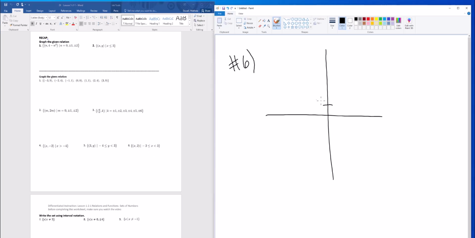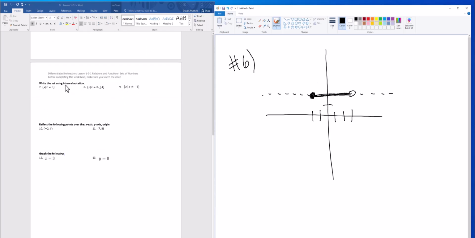So my y value is 2. My y value has to be on there. And my x value is -2 inclusive to +3 exclusive. So right there is going to be my graph.